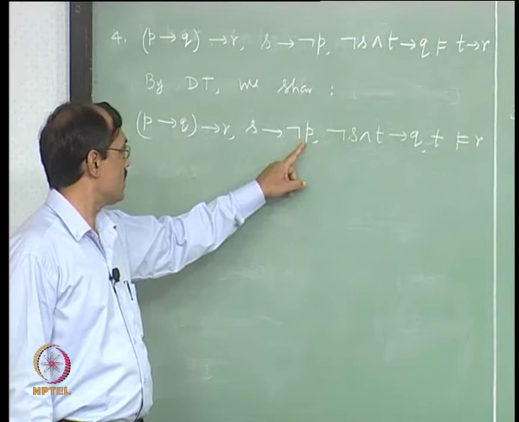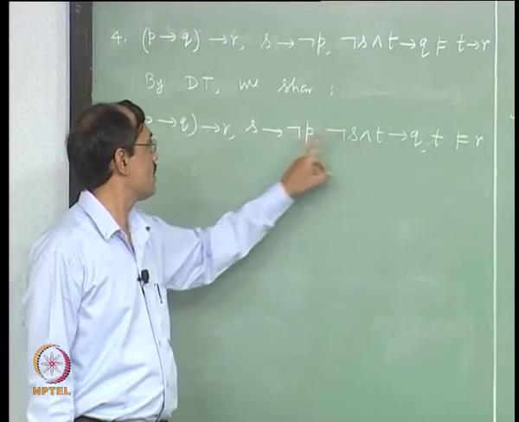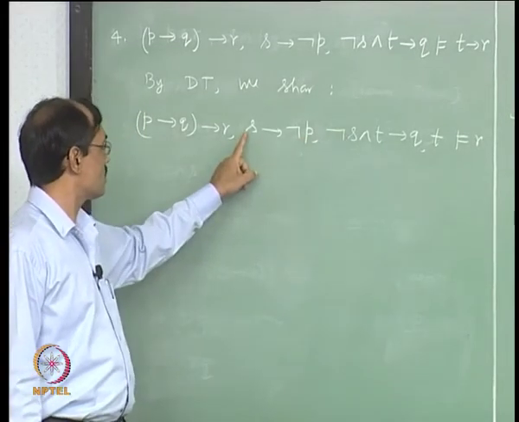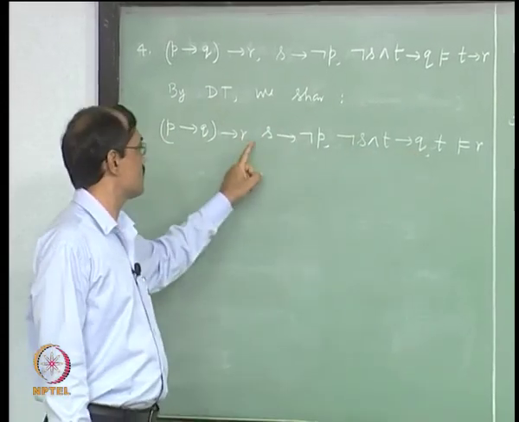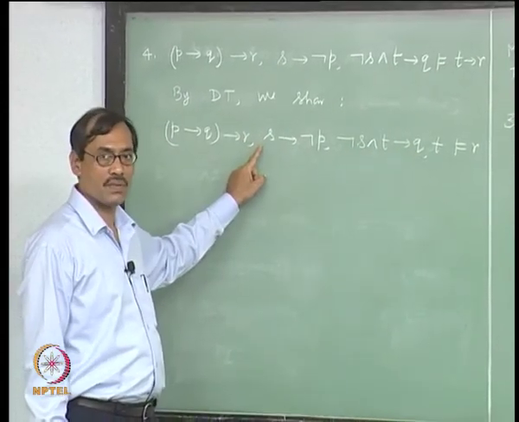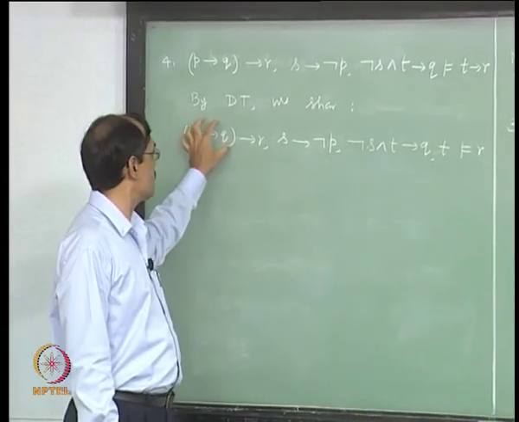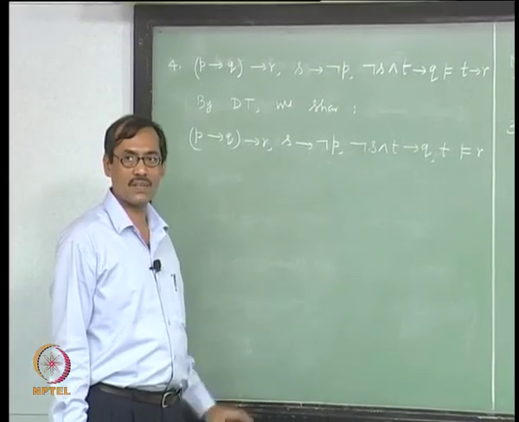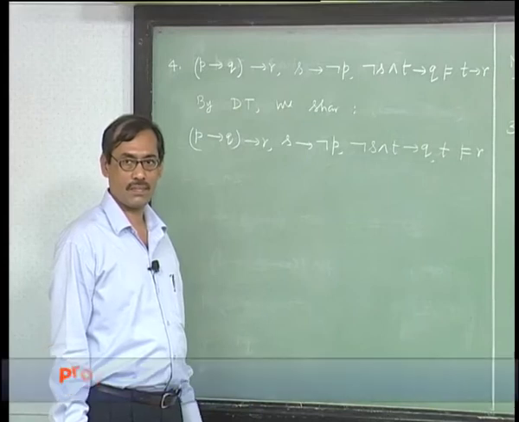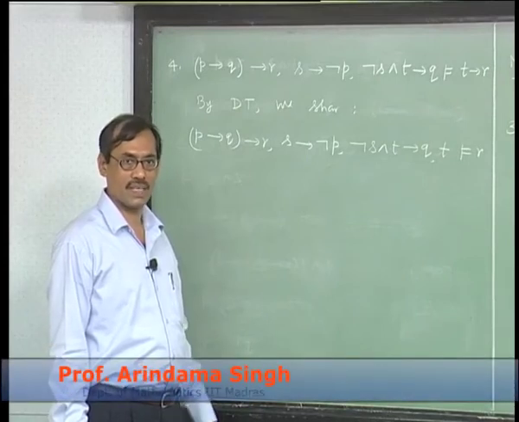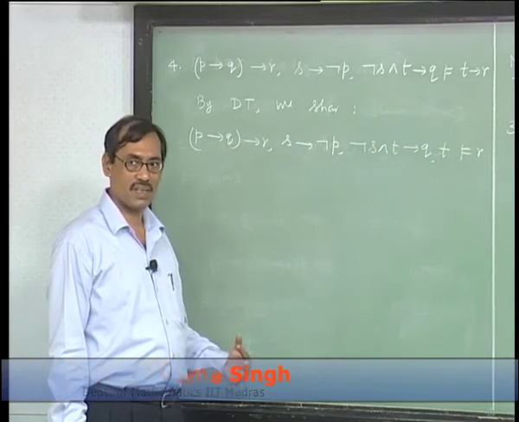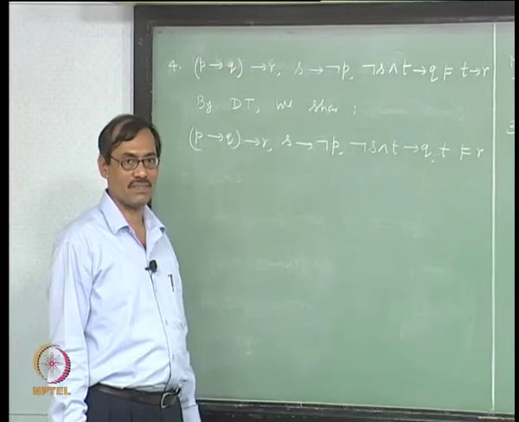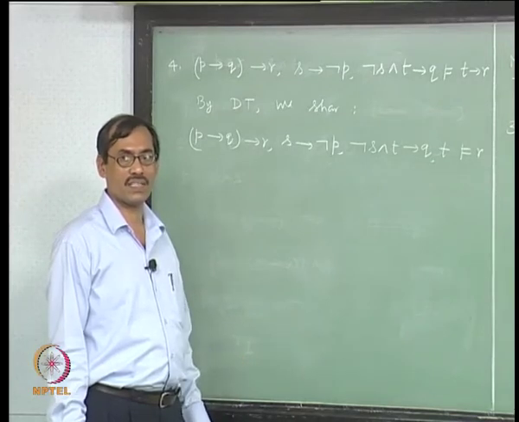So, you need P and then you will get not S, then not S and T will give you Q, therefore, you have P implies Q. Where from you get P implies Q? You are getting only Q, but you are getting Q from the assumption that P. Is that okay? So, you have got really P implies Q by deduction theorem. So, it looks the strategy should work.